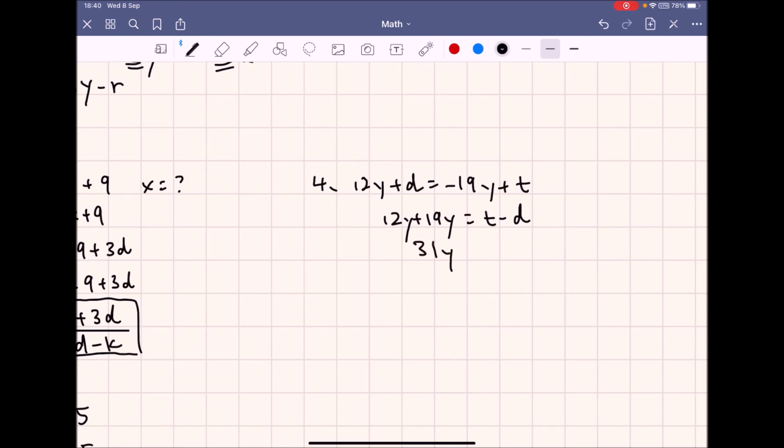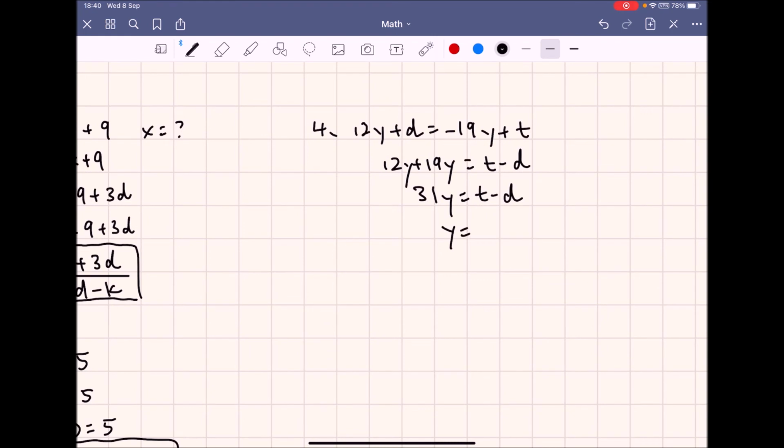Here we get 31y equals t minus d, and this one's relatively easy because you can just divide 31 over, and get y equals t minus d over 31.